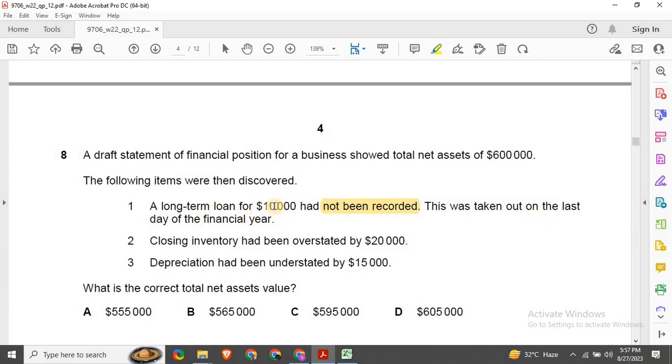When you take a non-current loan, this will increase your liability, but at the same time it will also increase your current assets. So it will have no effect on net asset. Closing inventory has been overstated by 20,000, so it will decrease your net current assets. And depreciation has been understated by 15,000, so it will also decrease your non-current asset.